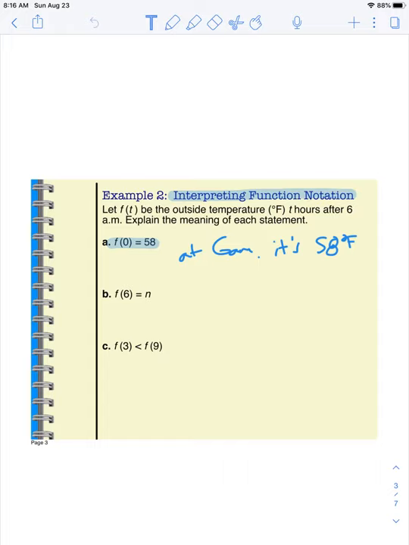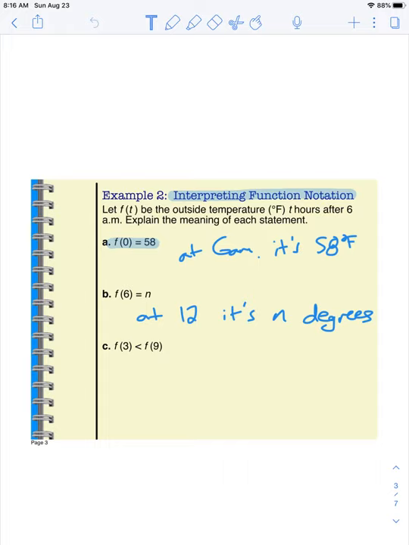All right, f of 6 equals n. That means 6 hours after 6 a.m., it's n degrees. So at 12, at noon, it's n degrees. All right, part C, f of 3 is less than f of 9.